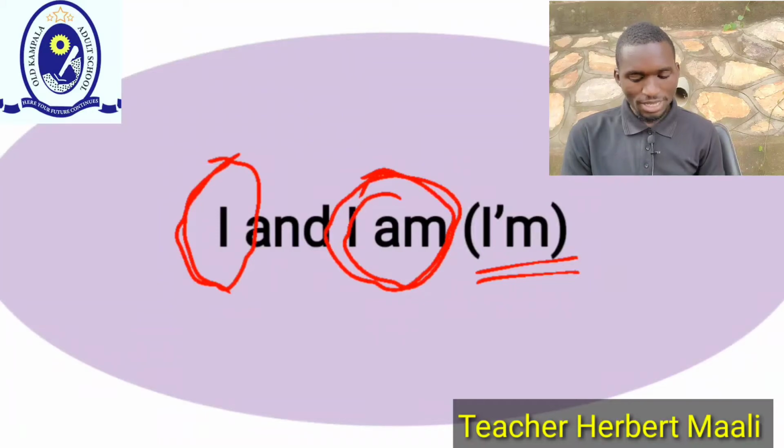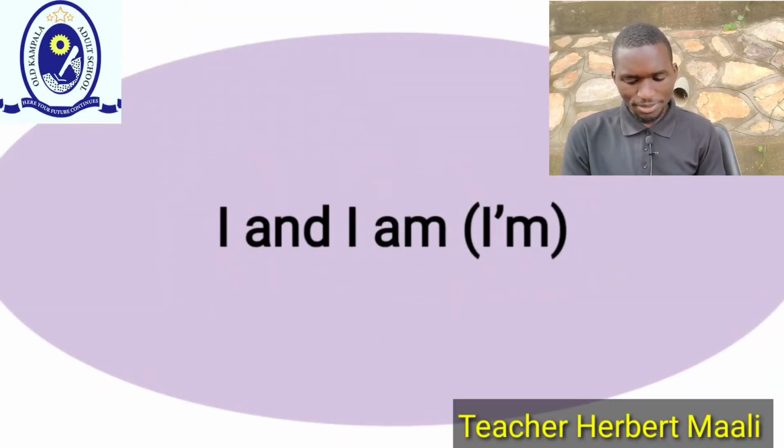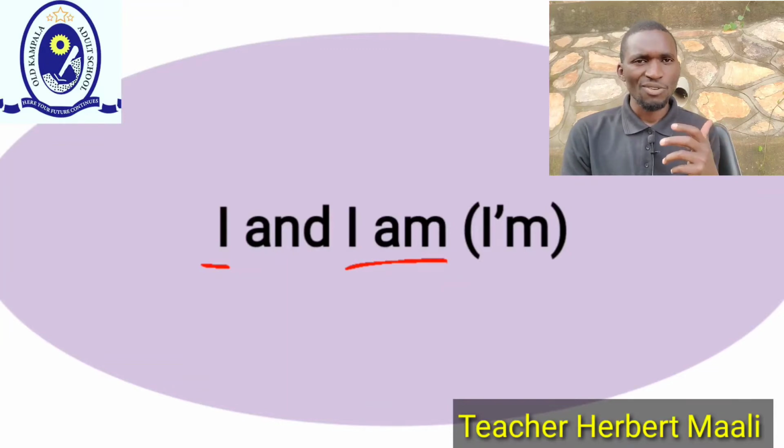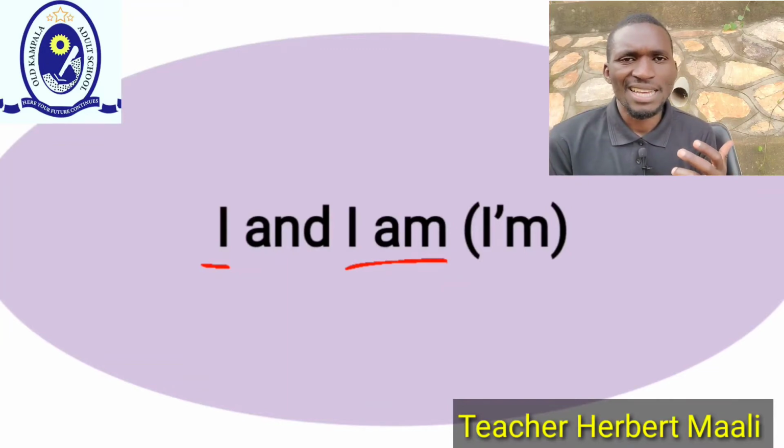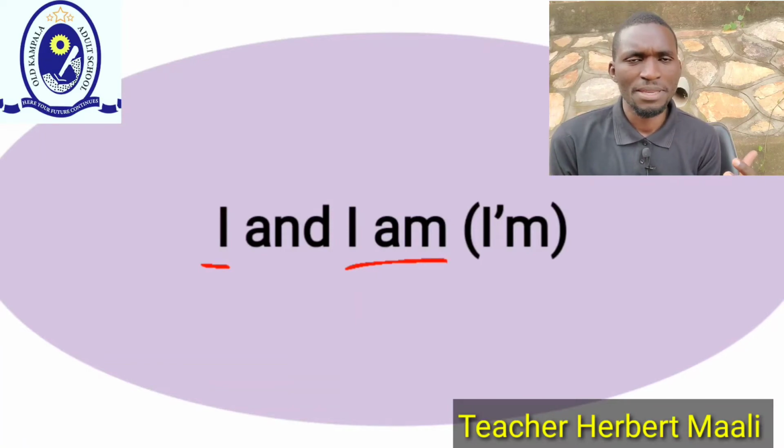So many students don't really understand how they can use "I" and "I am." You find very many students confused, like they use "I am" every day, every week, or yesterday in the past.